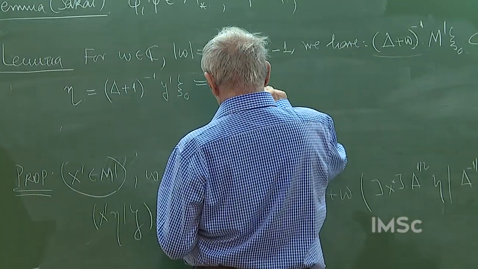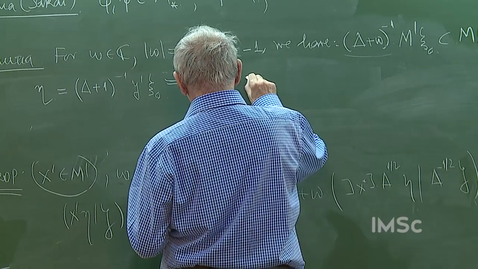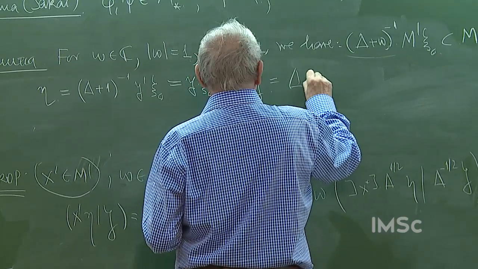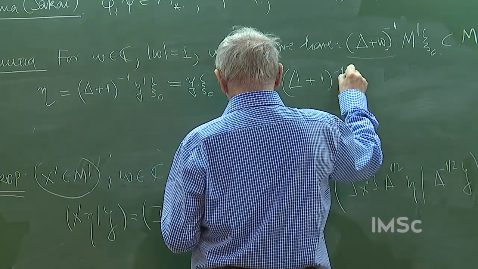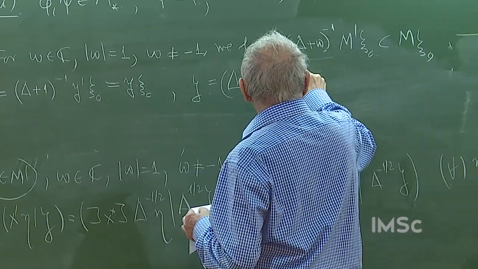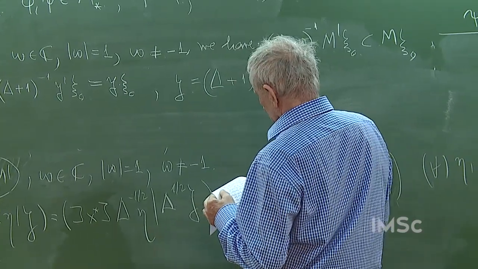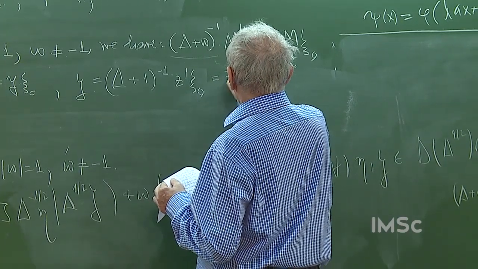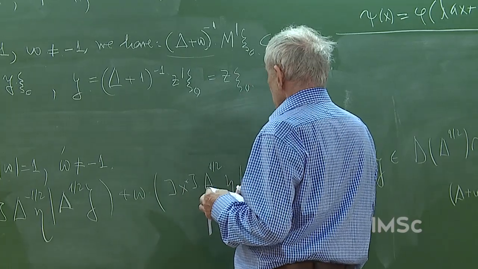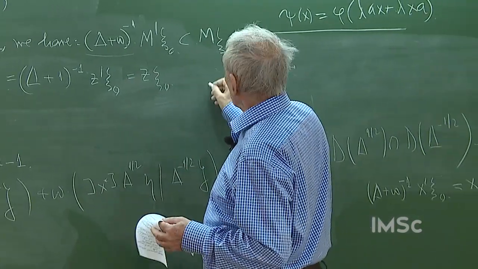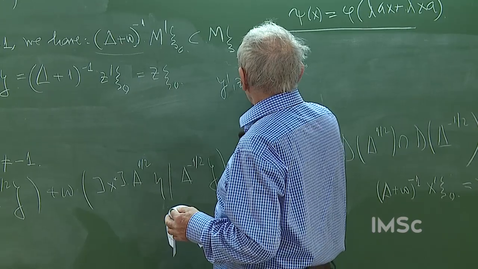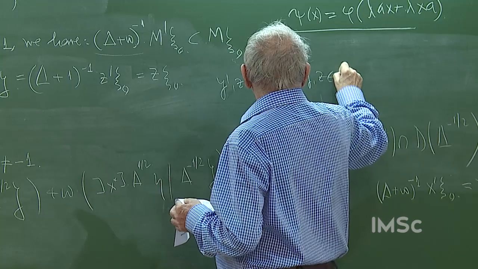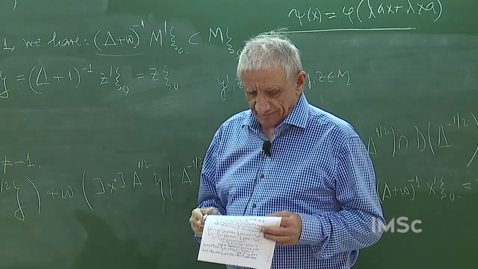And also the element zeta, it's delta plus 1 power minus 1 of z prime xi naught, is equal to z xi naught. And now I have, of course, y prime, z prime are in m prime, and y and z are in m. This comes from the notation.